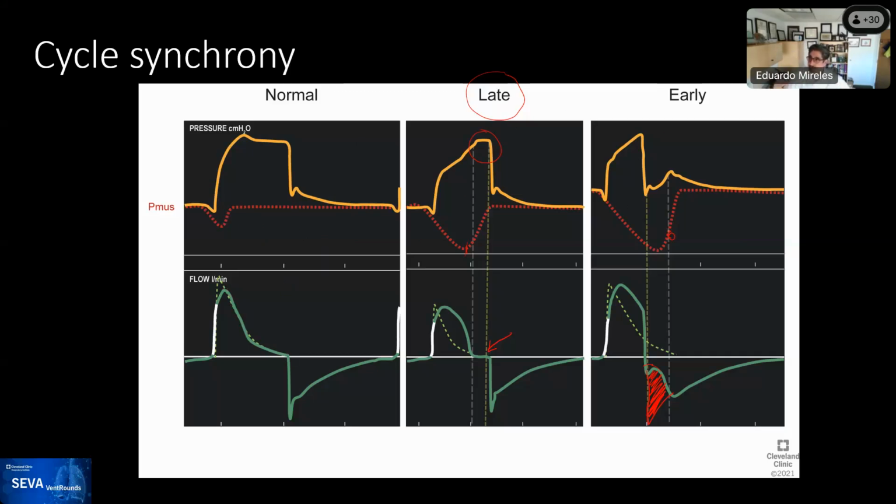So it's getting too much effort, too much Pvent for the amount of Pmus that the patient generated. And if that is unintentional, then definitely that is over-assistance. But your point of saying, well, is it late because there's evidence of an increase in pressure or activation of the expiratory muscles, is a valid one.